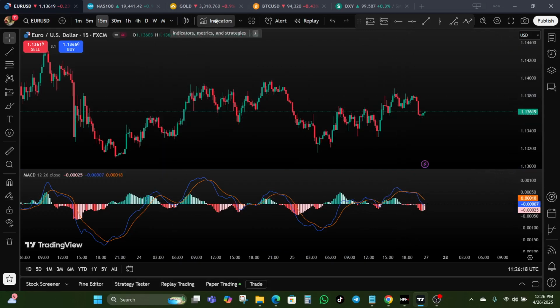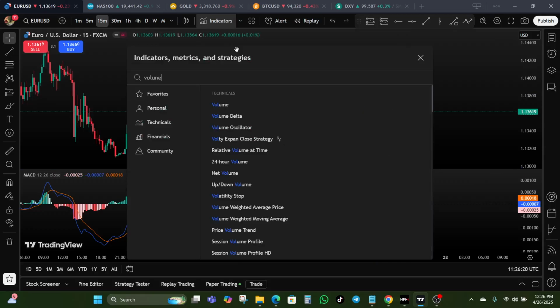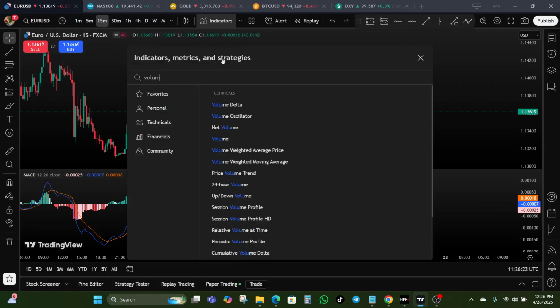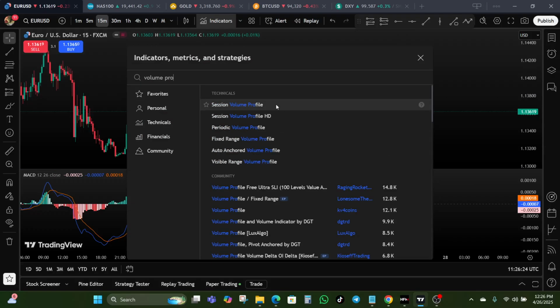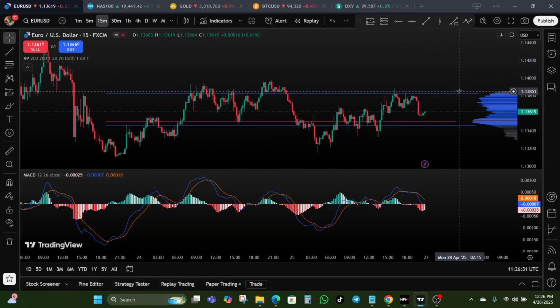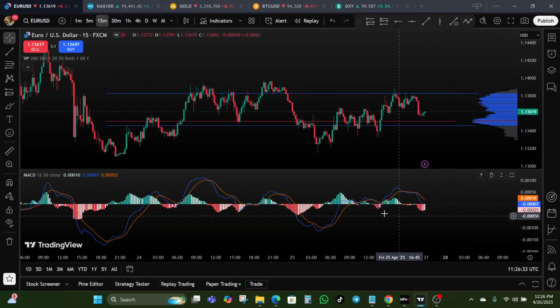Also, check out the volume profile indicator. It shows where most trading volume occurred, highlighting key support and resistance zones.